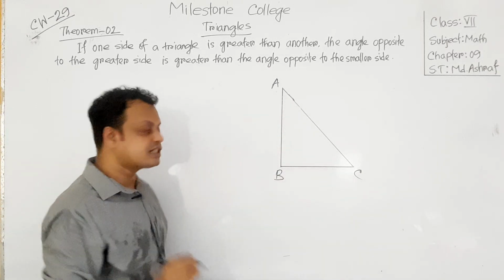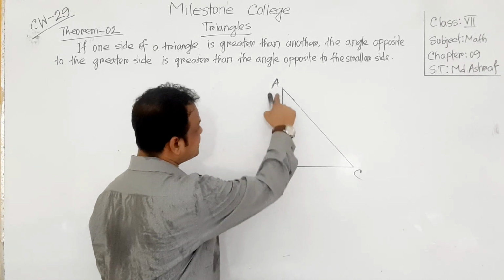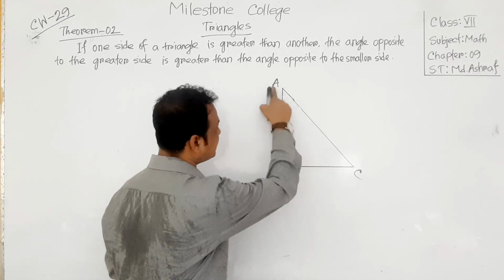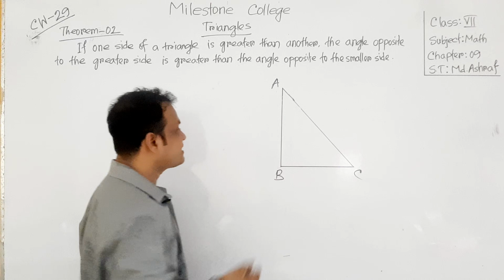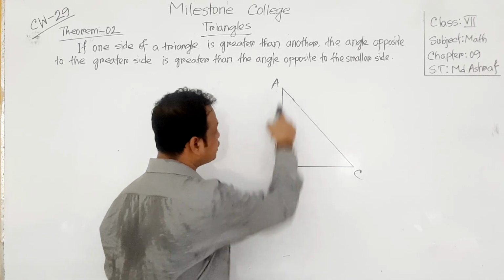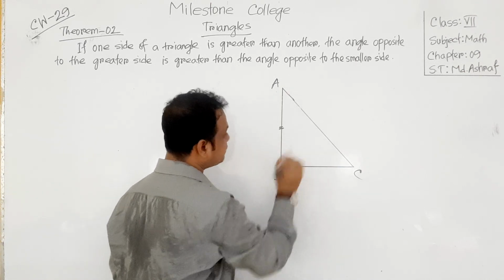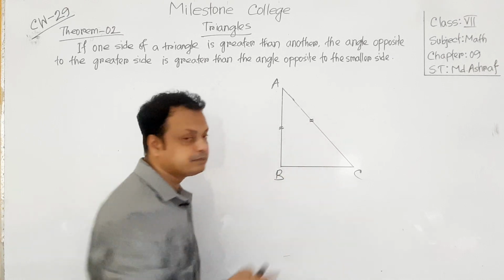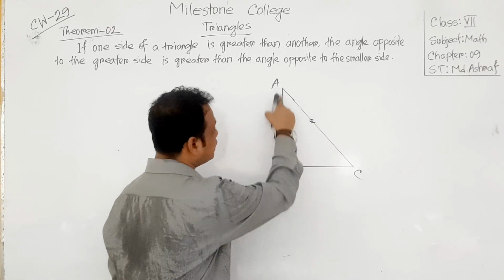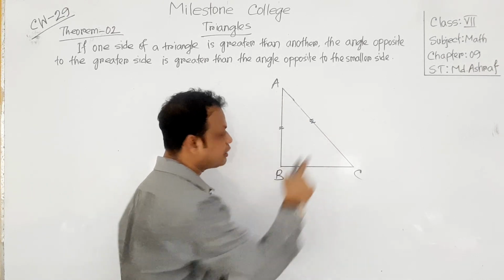We had 3 sides. One is AB, another one is BC, and another one is AC. Among the 3 sides, consider the 2. Length of this side is AB, and length of the side is AC. Okay. So consider 2 sides. One is AB, and another one is AC.